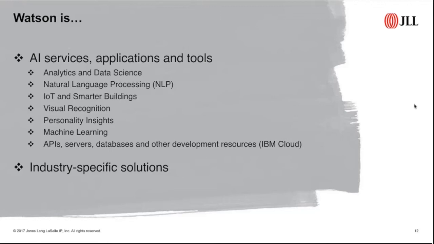And then, of course, as I mentioned, Watson also has components for machine learning. And all of these services are surfaced through IBM Cloud, which provides access to the APIs, the servers, the databases, and other tools that allow developers to build new applications, and also IBM developers and folks within their organizations to leverage those tools as well to come up with industry-specific solutions.